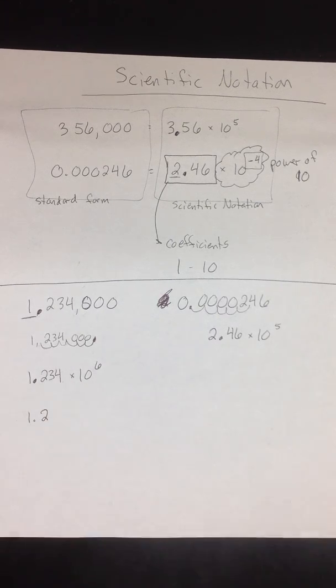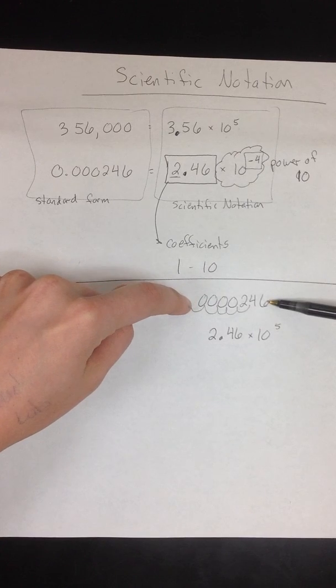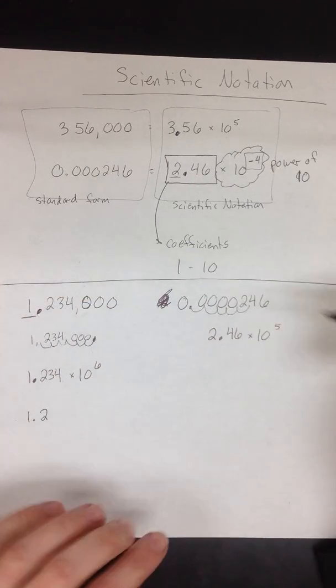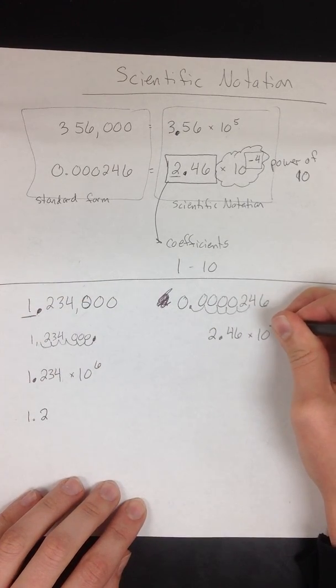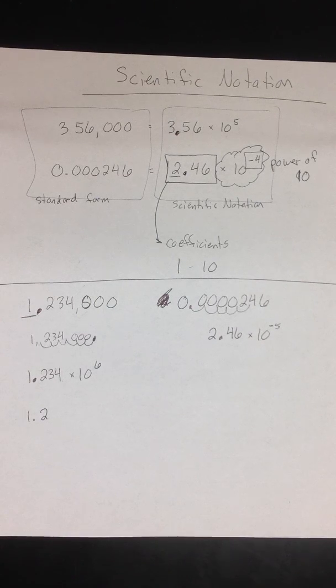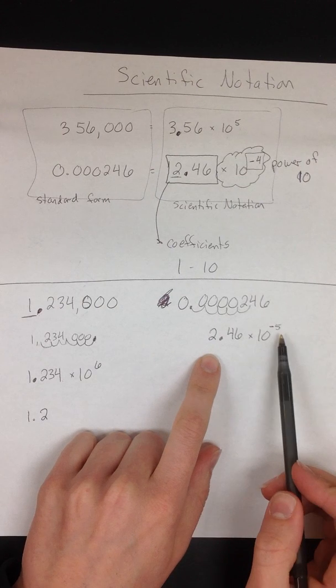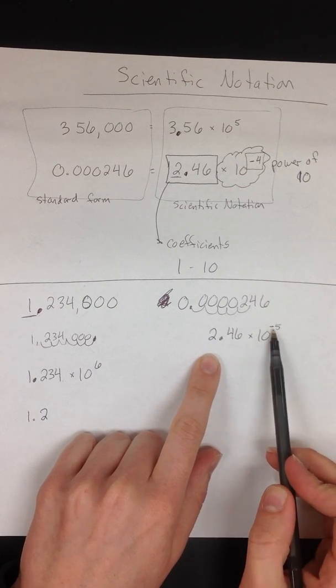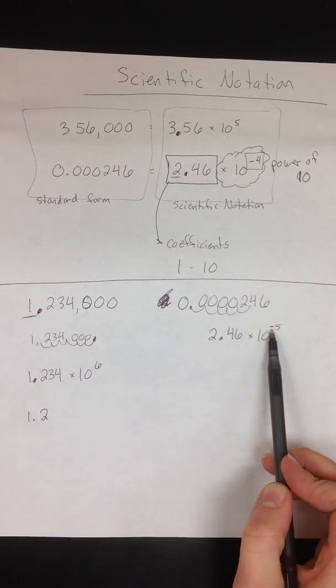I need to specify, hey, this one was smaller and this one was bigger. So, to represent smaller numbers, we put a negative in front of our exponent. This would be 2.46 times 10 to the negative 5th. That negative represents that this was smaller than 1.